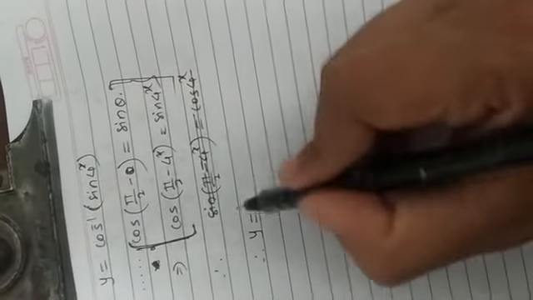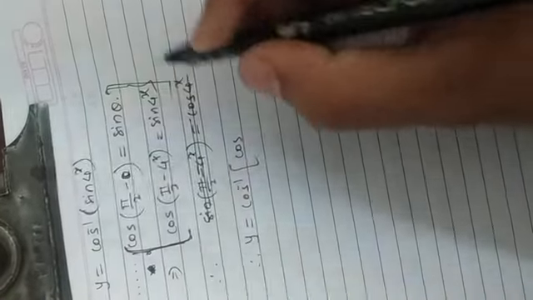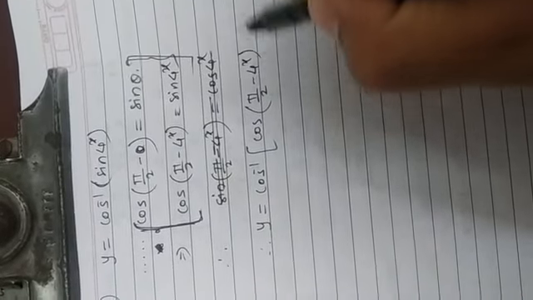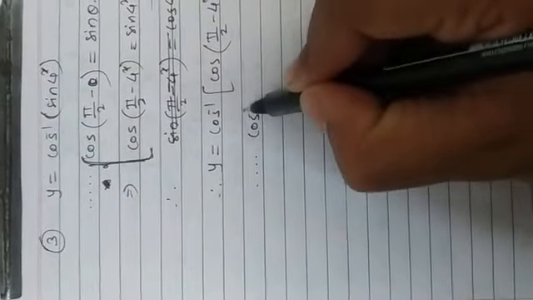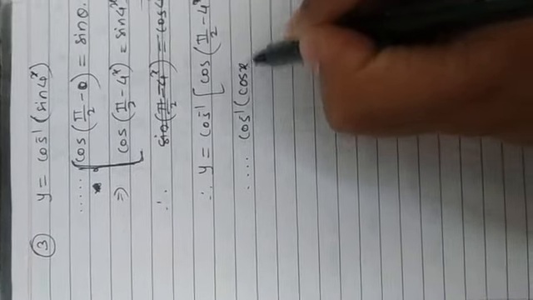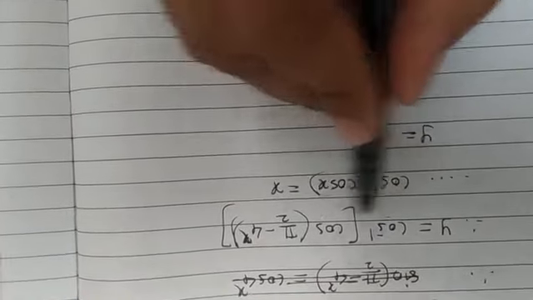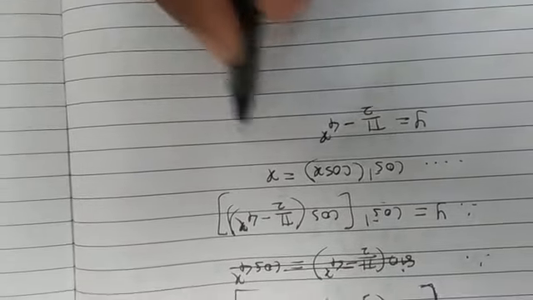Therefore y is equal to cos inverse of, in bracket, cos of pi by 2 minus 4 raised to x, right? So by using the formula cos inverse of cos x is equal to x, this part gets eliminated, so y remains only pi by 2 minus 4 raised to x.